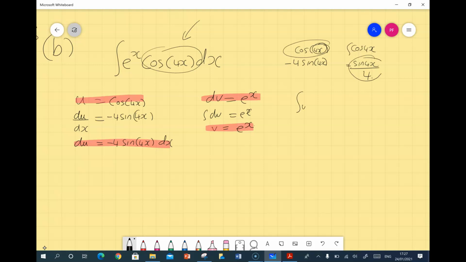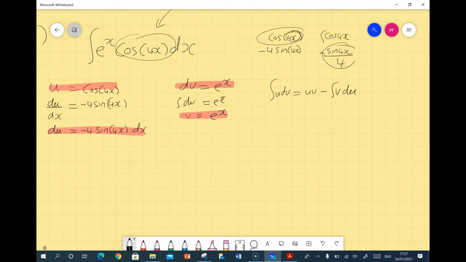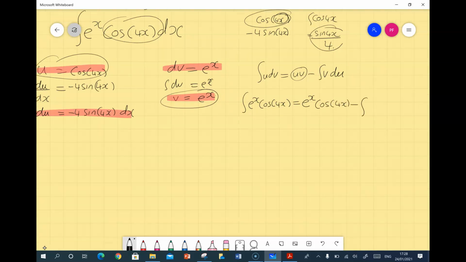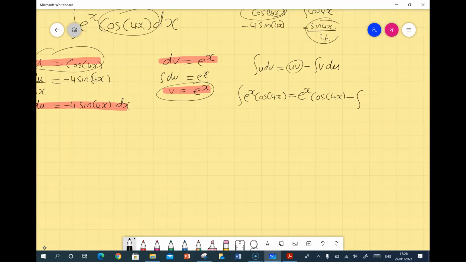The integral of u dv is equal to uv minus the integral of v du. Alright, so the integral of u dv is what they've given me, e to the power of x, cosine of 4x. U times v is cos 4x by e to the power of x. So I'm going to say it's e to the power of x cos of 4x minus the integral of v du. So v du in this case is e to the power of x by minus 4 sine 4x dx.